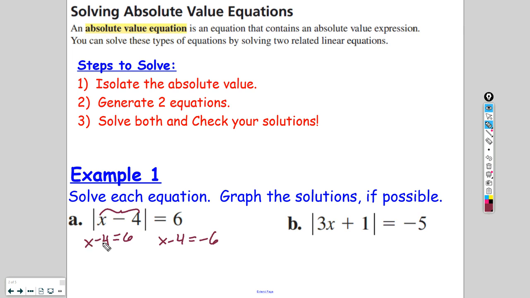Then we're going to solve for x. So we're going to add 4, and we get 10. And then we're going to add 4 over here as well, and we get negative 2. If we're graphing the solutions, I'm just going to go up by 2's here.